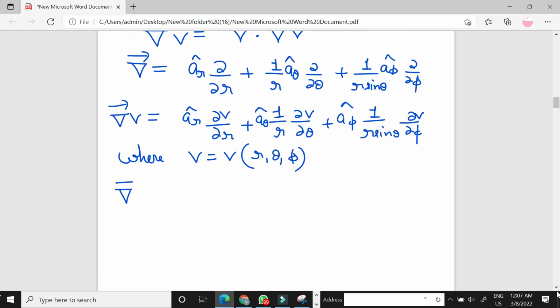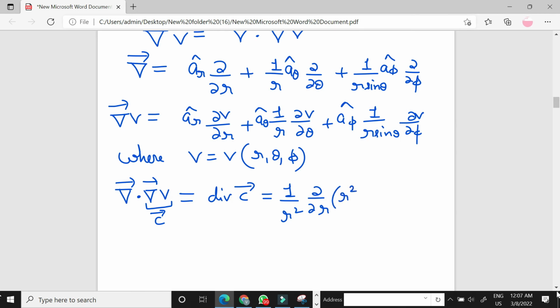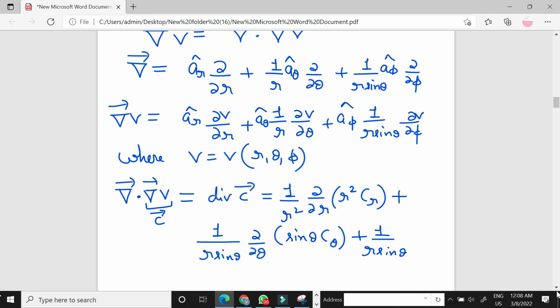Now if this is vector C, then the divergence of C vector is equal to 1 upon R square del upon del R of R square C R plus 1 upon R sin theta del upon del theta of sin theta C theta plus 1 upon R sin theta del upon del phi of C phi.